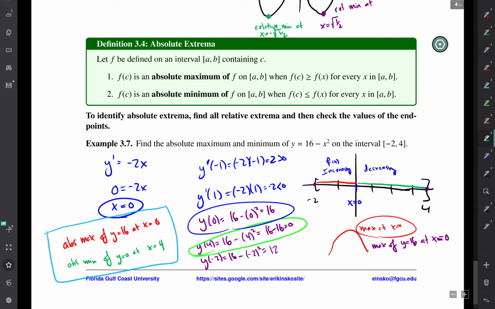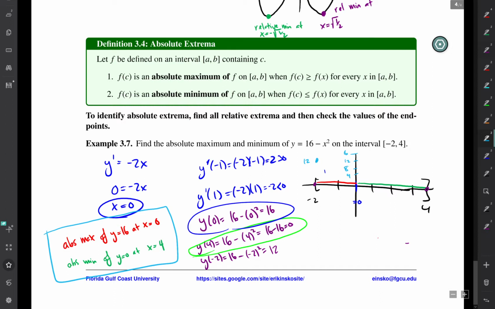Okay, and so what that means is, if we were to draw the actual function on the graph here, at -2 it's at y equals 12. So maybe I'll do this: 16, 12, 8, 4.